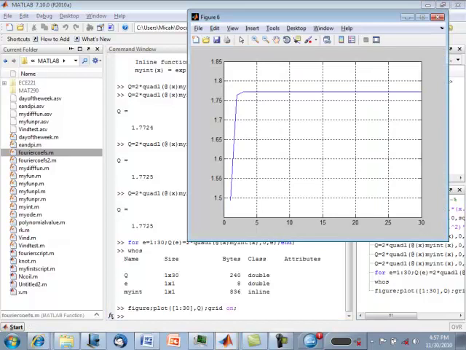And really you only need an upper limit of 2, 3, or 4 to find that this limit converges. So if you look at this specific number, we get about 1.7725.